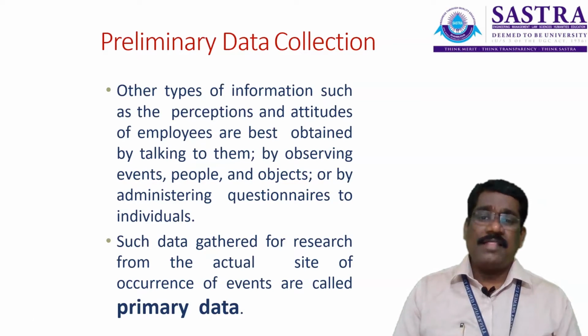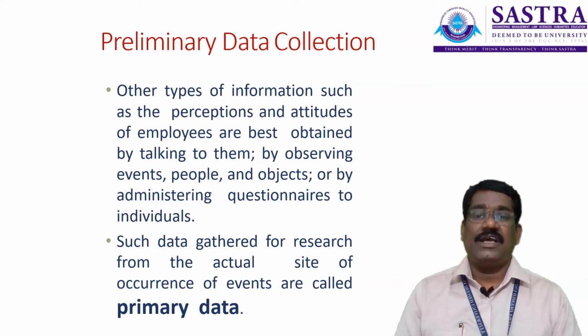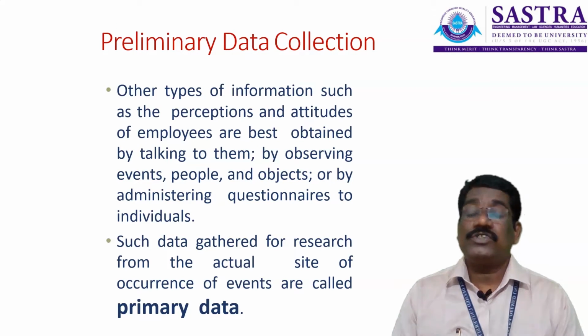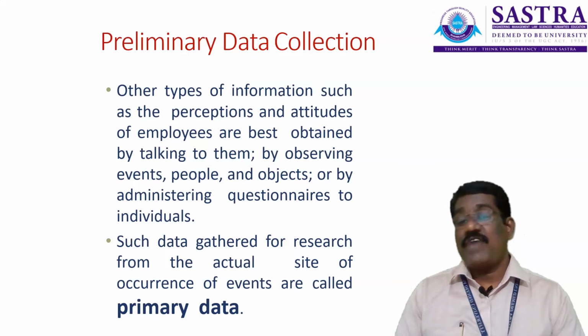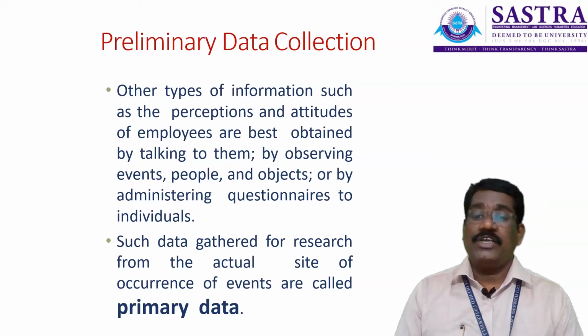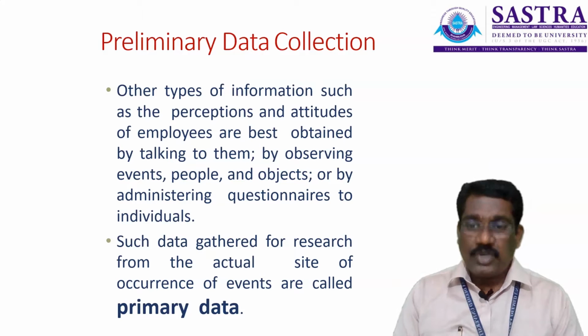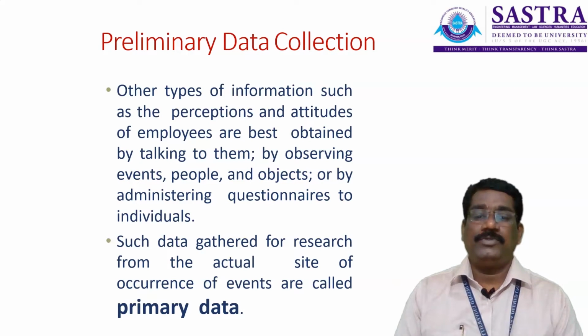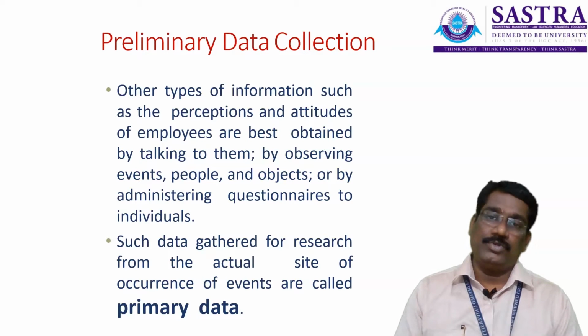And also the other types of information, very specifically the perceptions and attitudes of the employees. In the case of the airline business, you need to collect the perceptions of the employees as well as the customers, best obtained by talking to them, by observing events, people and objects, or by administering questionnaires to individuals.